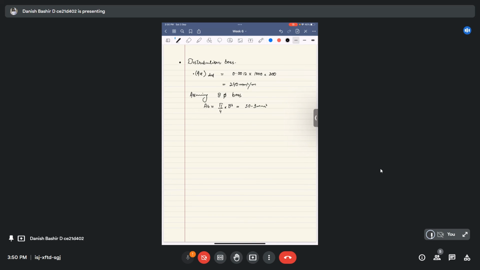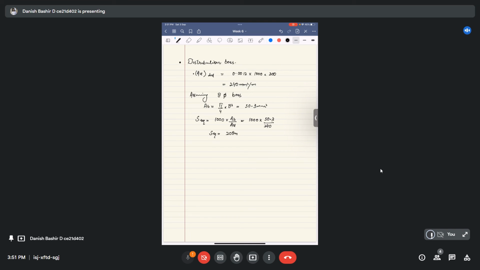So the spacing required as per the formula already given will be 1000 times area of bar divided by AST, so 1000 times 50.3 divided by 240. So S required will be 208 mm. So this is as per the distribution requirement.